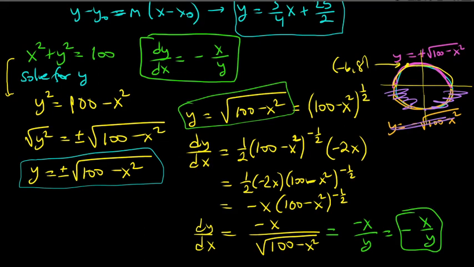Now, the only difference is that here, y could be positive or negative. Here, y has to be positive because it's the positive square root. But again, in our example, y is positive 8. So no harm, no foul there.